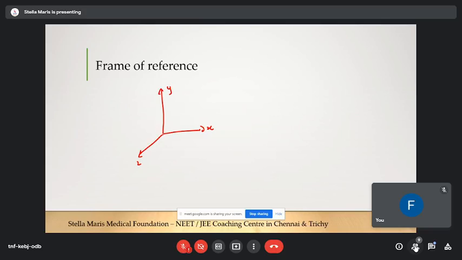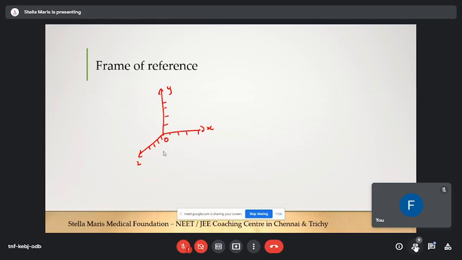For example, say this is the object. And these are the three mutually perpendicular axes, that is y, x, and z.